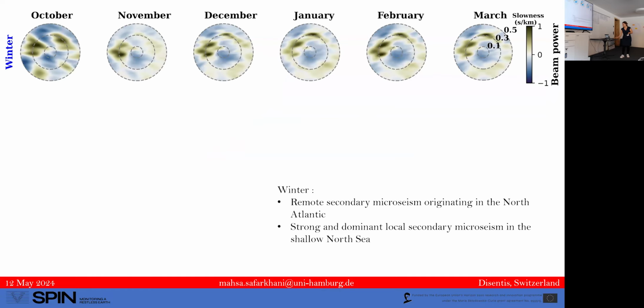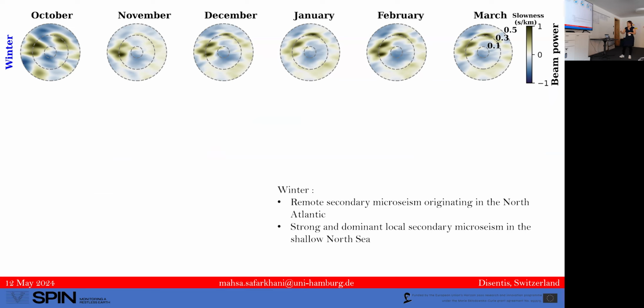First of all, I show you the seasonality results for the raw data beamforming on the Gräfenberg array. On just 13 stations in the Gräfenberg array, this is the beamforming result during the winter months.